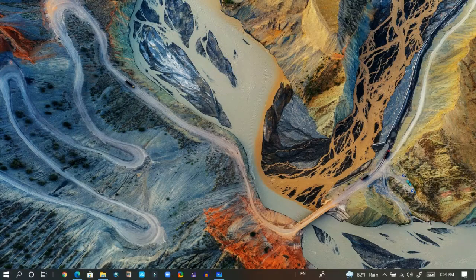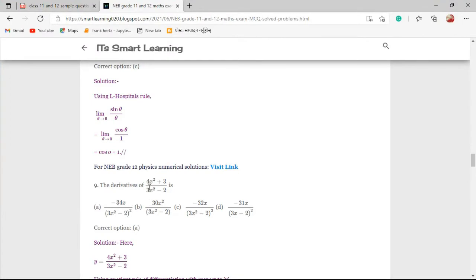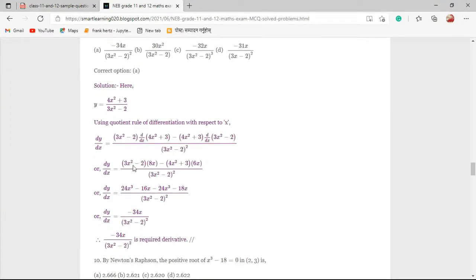By using this formula, I have given the process here. u is assumed as 4x square plus 3 and v is assumed as 3x square minus 2. See, v square is here, then v, this is u, again u, v.